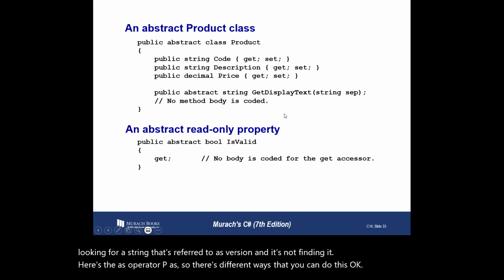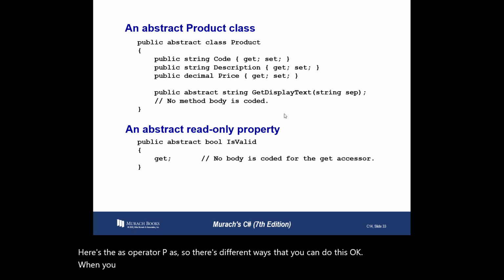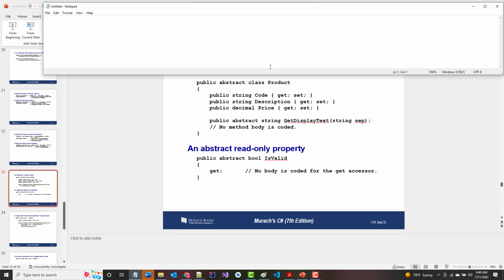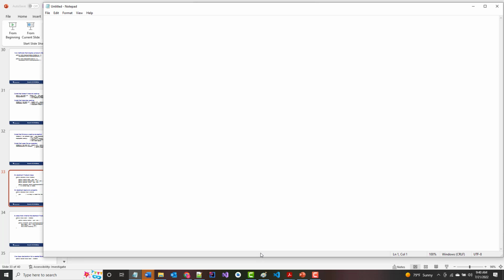Now, when you create an abstract product class, that class cannot be instantiated. It is used as a base for other classes. So for instance, let's pretend for just a moment, and I'm just going to break out of this for a second, we're almost done, but let's pretend for a moment that I create a class called employee.